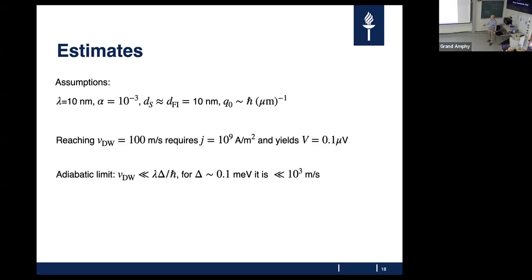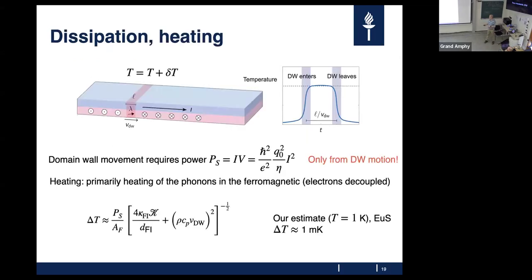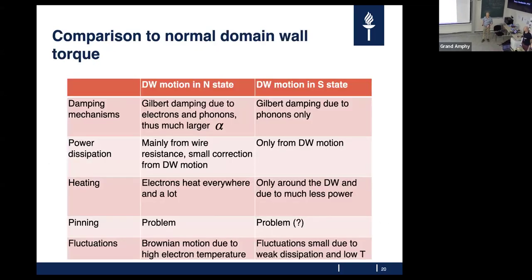This also falls in the adiabatic limit where you can forget about quantum particle generation. If you look at the heating that I discussed earlier, our estimate using europium sulfide parameters is that at 1 Kelvin, the local temperature increase would be 1 millikelvin. Not too bad. Okay, I quickly compare with the normal state and then I'm done.